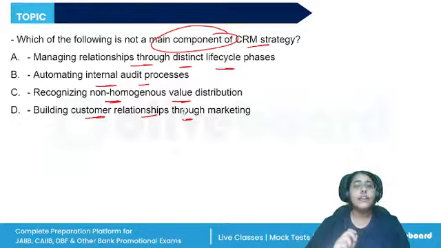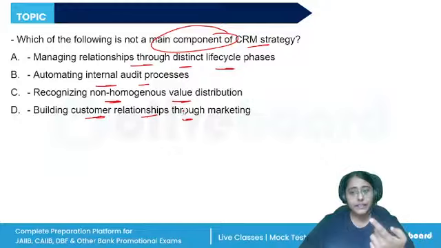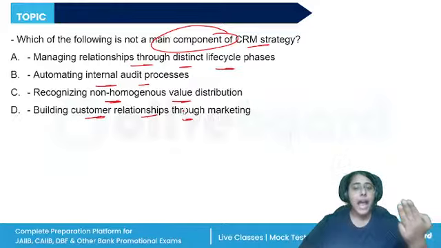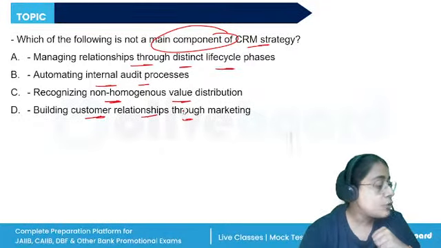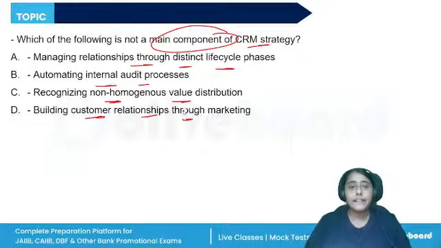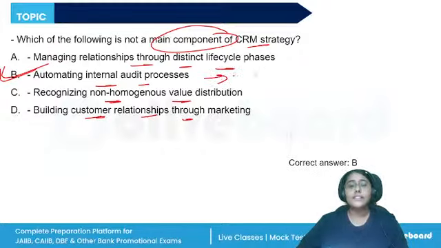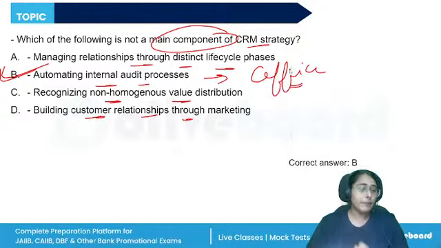So when we are talking about the components of the CRM, there is business process to determine the nature of the products, information process to analyze the existing information, information systems are there, and the internal organizational structure. But we do not automate the auditing process. The internal auditing process should be done by the officers. It should not be automated.